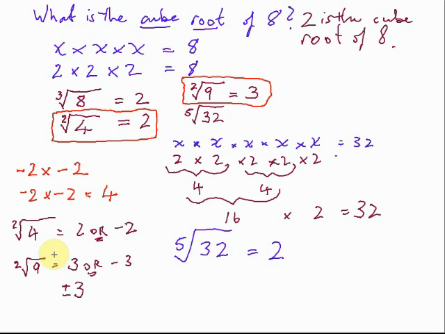But just for the sake of completeness, let me point out that where we have an even root, a square root, not a cube root of course, but you can work that out for yourself, then the answer may be positive or it might be a negative number.